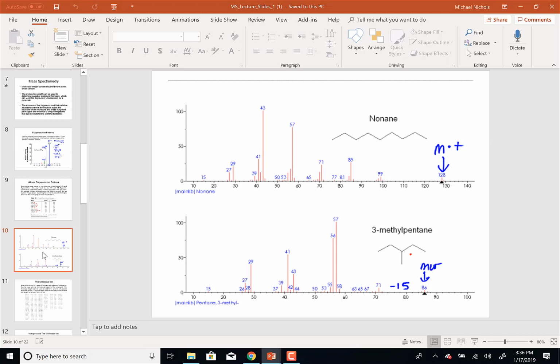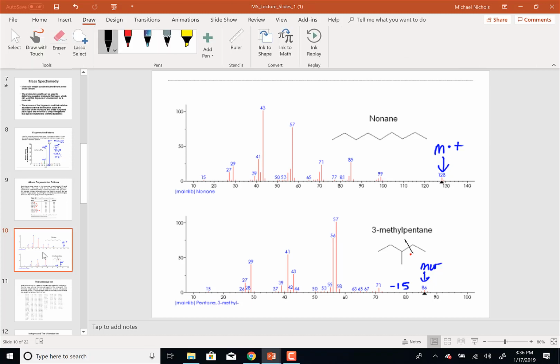So for instance, if I have 3-methylpentane, the beauty of 3-methylpentane is if I cleave that bond, I don't know how many people are going to go back and watch this, but if I cleave that bond, what I'm left with is a nice secondary carbocation.